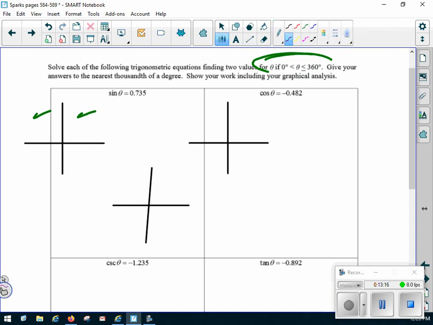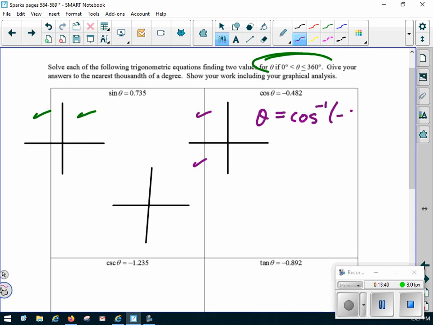All right. Cosine theta equals negative 0.482. What quadrants are we looking in? Cosine, x, what am I going to type into my calculator? Do it. Turn it on.